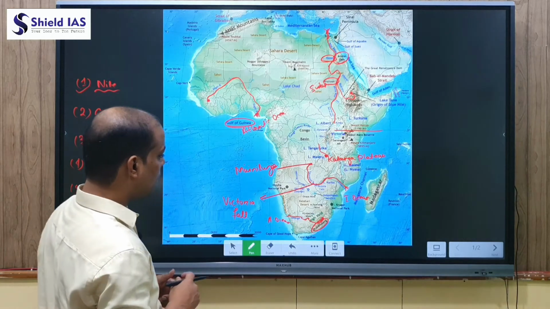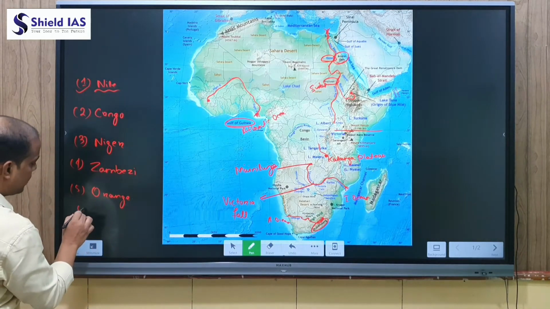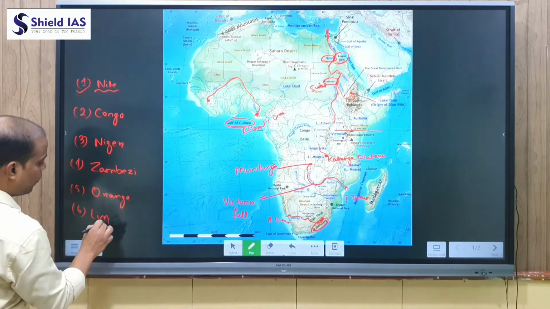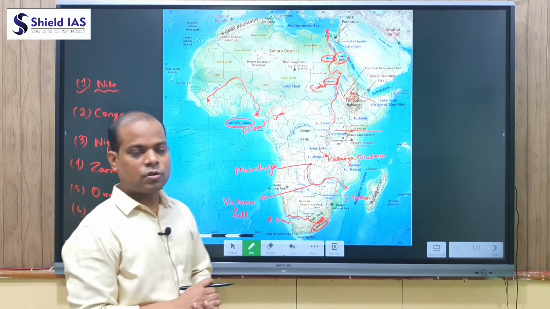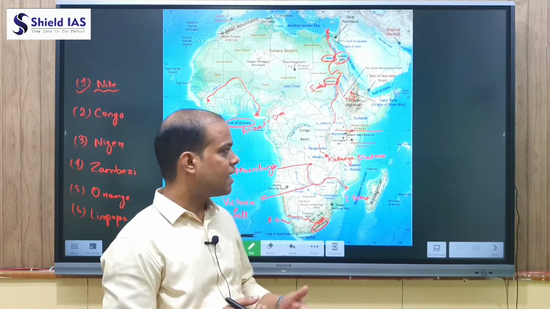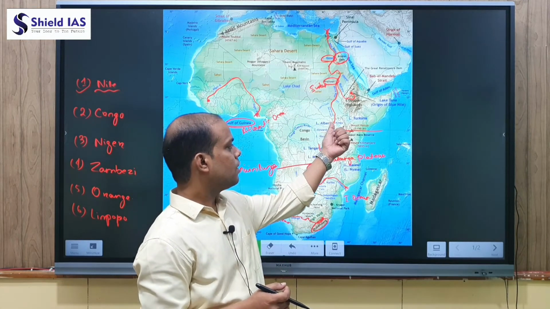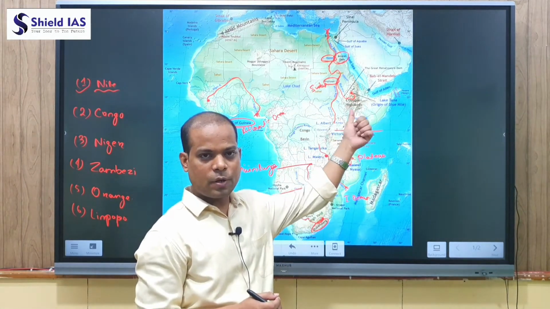And one more important thing, the sixth river is known as river Limpopo. River Limpopo has two branches, like river Nile has two branches, White Nile and Blue Nile.